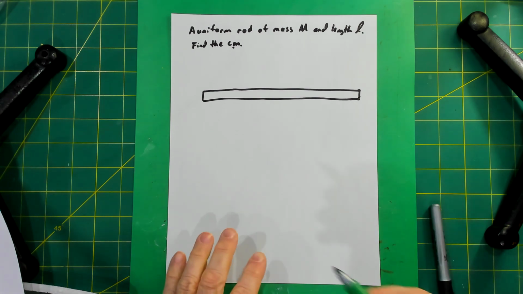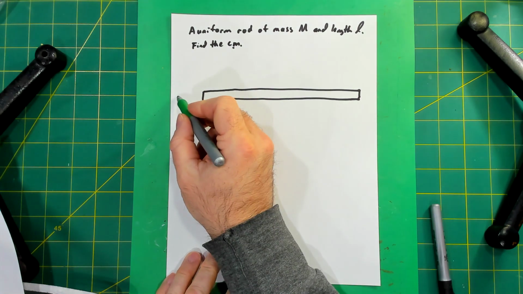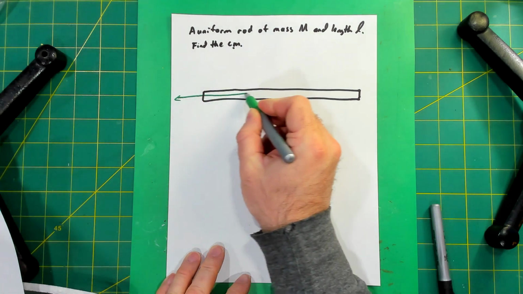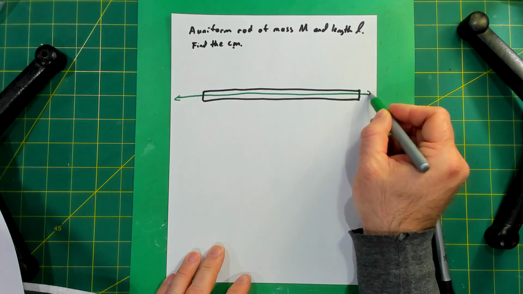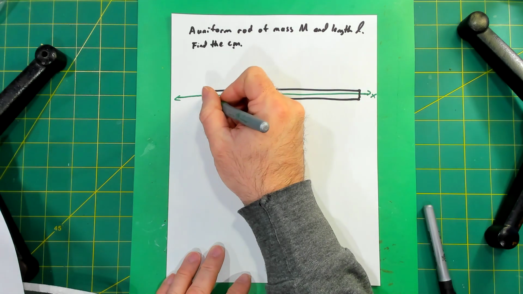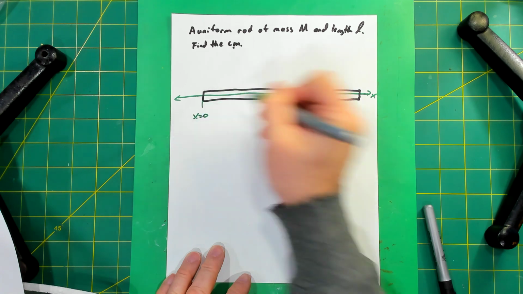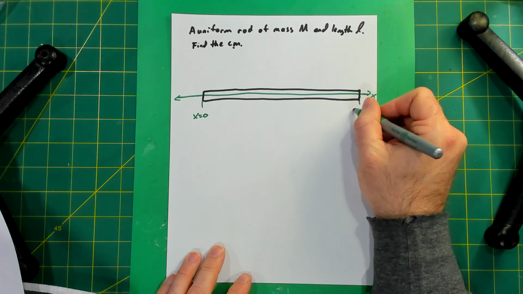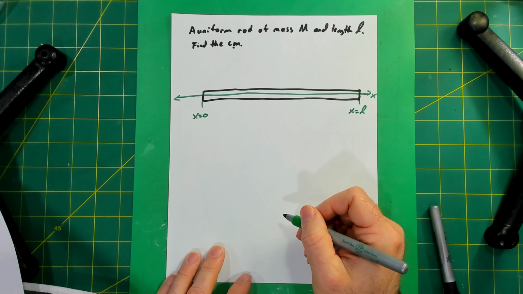And so given this information, typically what I'll do is drop a coordinate axis down on the world. I'm going to run an axis along the length. Let's go ahead and call this spot x equals 0. Then that means this spot must be x equals L, right?